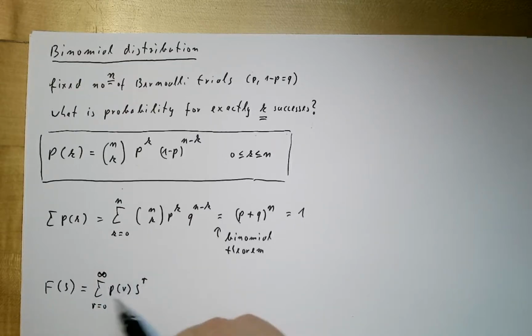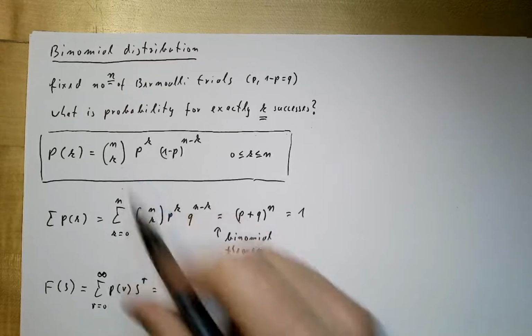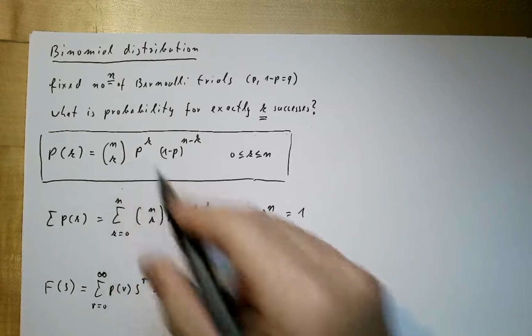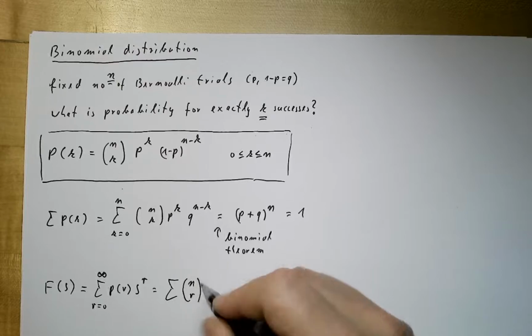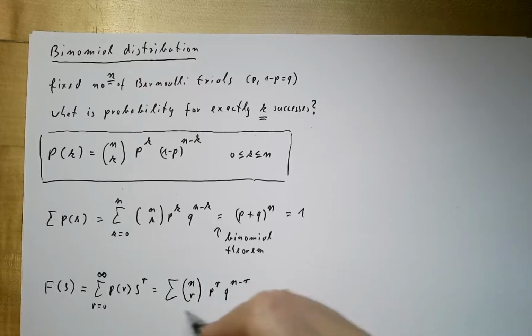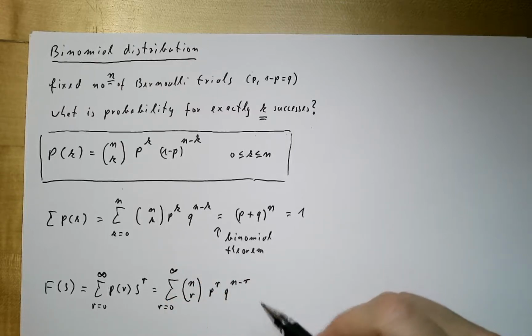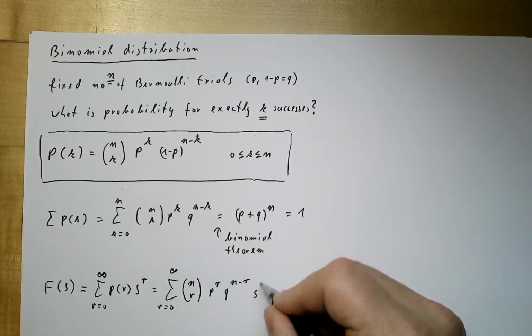So we have to calculate this expectation value. For this P we put in our distribution, which is n over r times p to the r, q to the n minus r, r goes from 0 to infinity, and times s to the power r.